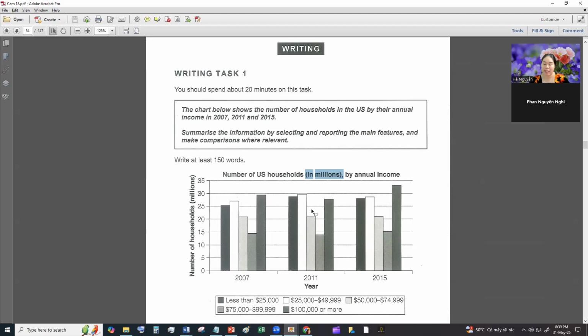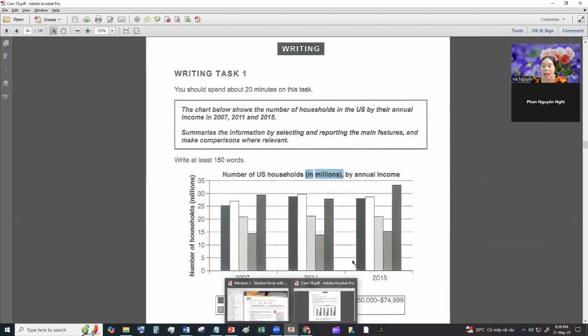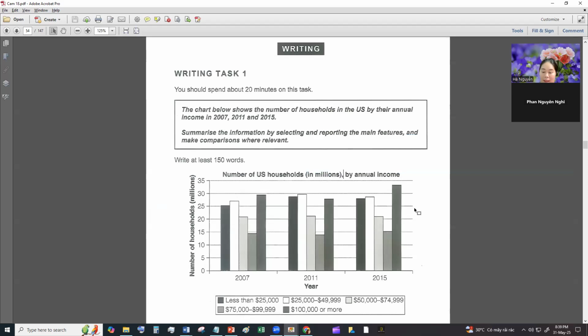All right, so what are the income levels? Sorry, firstly, how many income levels are there? There are 5 income levels. The first one is? Less than $25,000. That's right. The second one? $25,000 to $49,999.